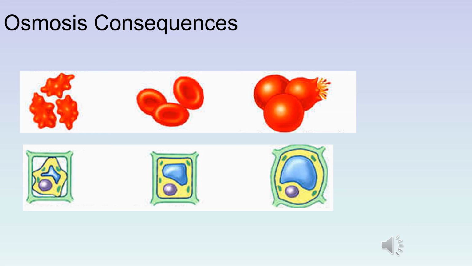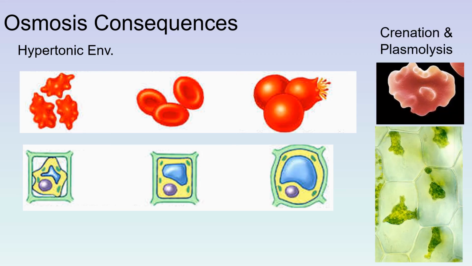These cells here on the left are submerged in a hypertonic environment, and therefore water will want to leave these cells and flood the hypertonic environment. These red blood cells will eventually shrivel, called crenation, and this plant cell here will do something called plasmolysis.